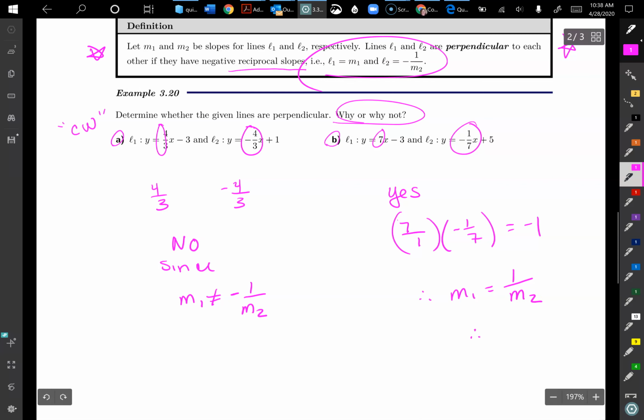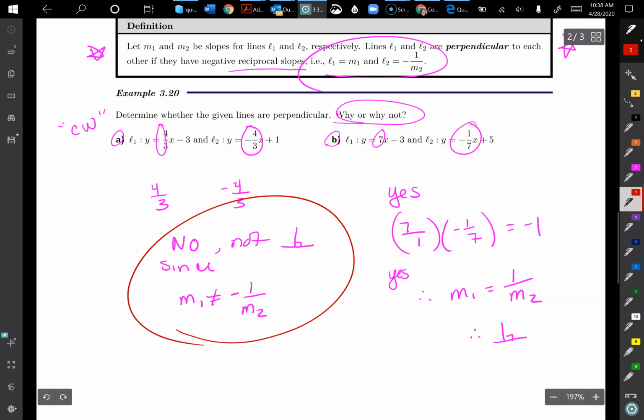So therefore they are perpendicular. Okay. I should say not perpendicular for part A, so that we don't get confused with whether we're talking about parallel lines or perpendicular lines.